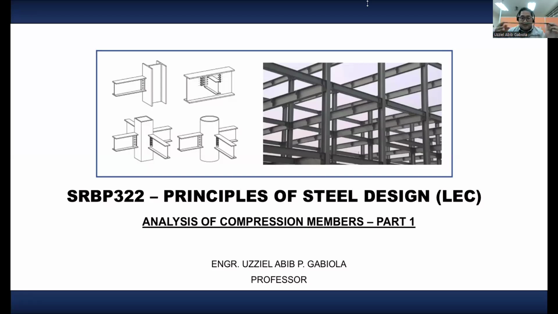Kung halimbawa si beam natin, ito yung horizontal na member natin si beam, lumulundo siya, okay? Once na loaded siya. So si column ganun din. Kung halimbawa si column, vertical siya. So once na nag-apply tayo ng force sa kanya, nagkakameron siya ng deflection na ang tawag natin ngayon is buckling naman yung tawag natin sa kanya. Magbabuckle siya o nagde-deform siya. So, yun yung kailangan nating maintindihan ngayon for our introduction of this topic.